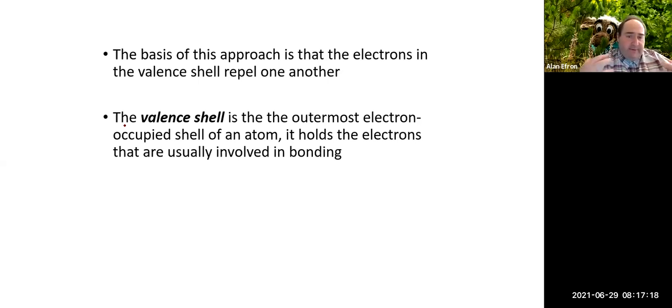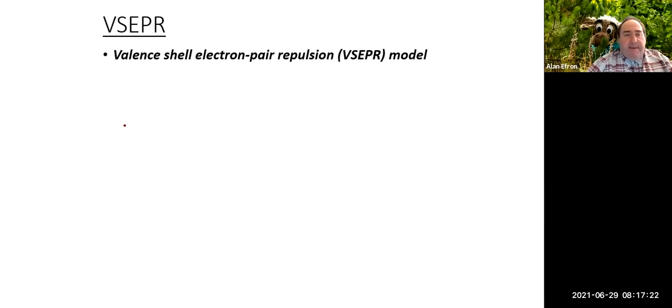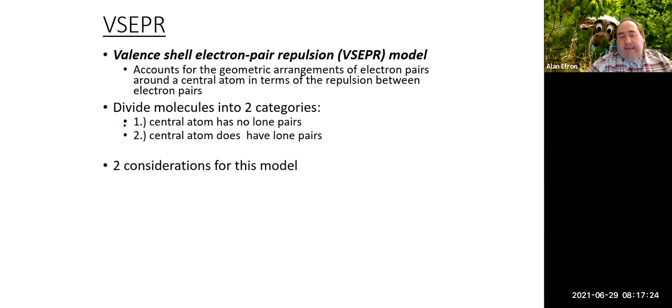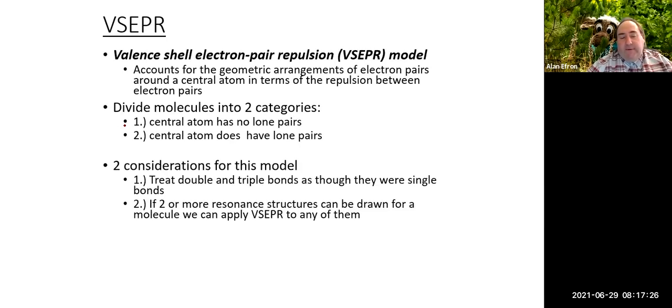And we get these differences in geometries that we see. The basis for this idea is referred to as VSEPR, which is the valence shell electron pair repulsion model, probably why they abbreviated it. And it basically accounts for these geometrical arrangements that we see around the central atom.